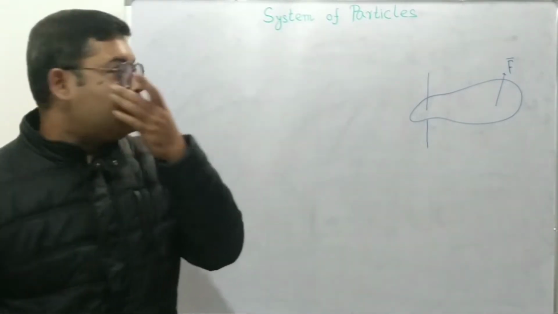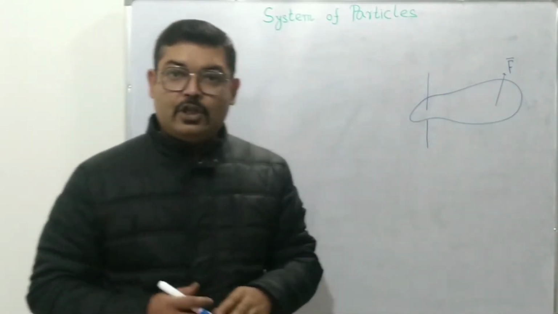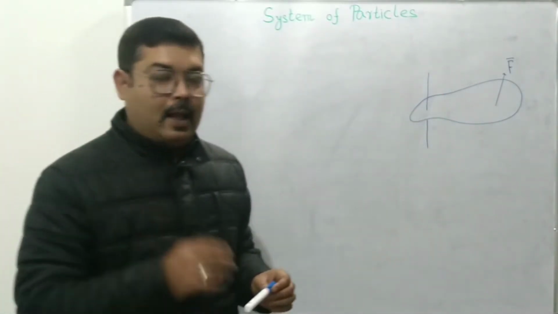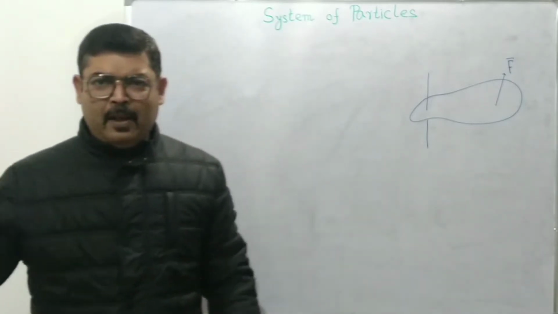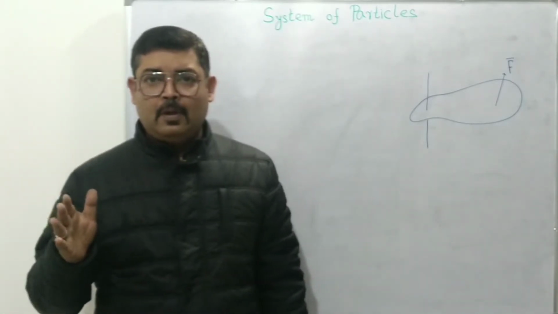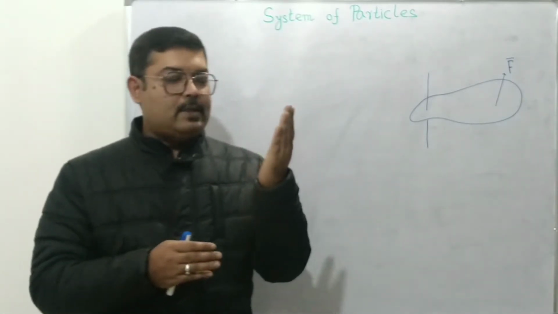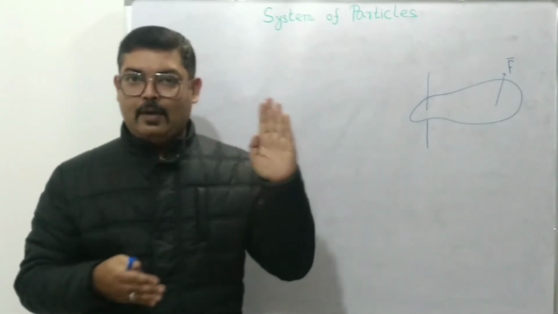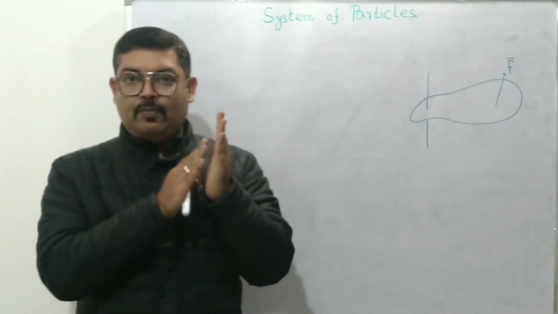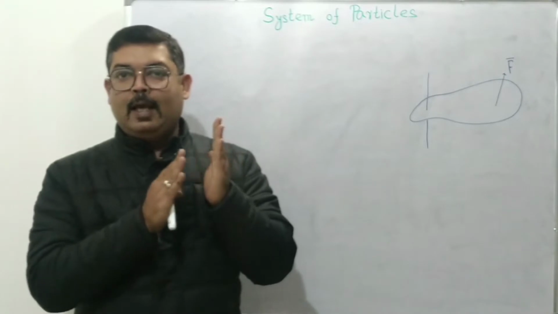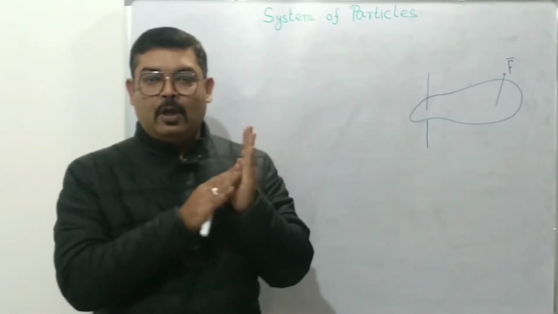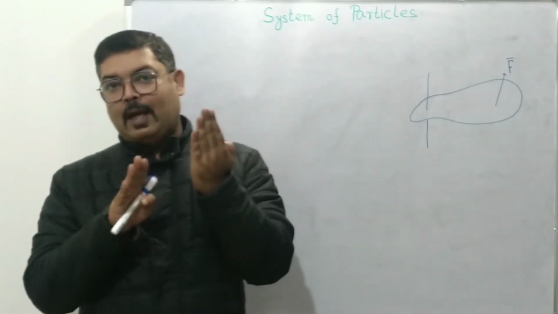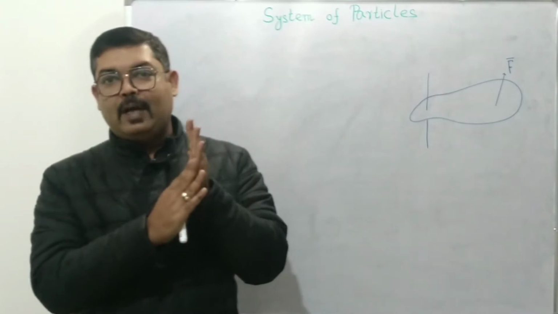However, now the force's effect cannot be measured in terms of magnitude only. Why? I'll give you a simple example. You try to open the door. The doors are always hinged at one end, right? When you push the door close to the hinge, it becomes difficult to open the door. But if you go to the other edge of the door and push it, it becomes easier.